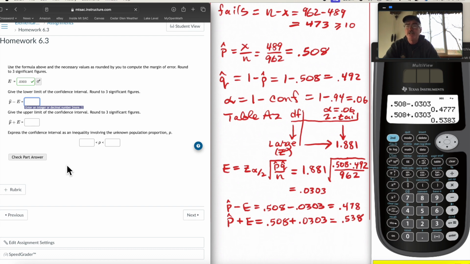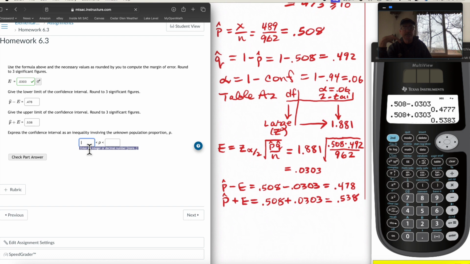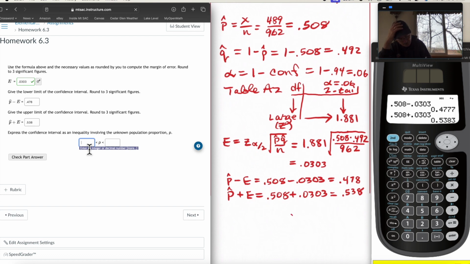So 0.478 for the lower limit, 0.538 for the upper limit. And then P, the population proportion. Remember, I'll go ahead and put that notation down. We always say that P is between these two numbers, and we're only 90, I think 90 whatever percent confident, 94% this time.